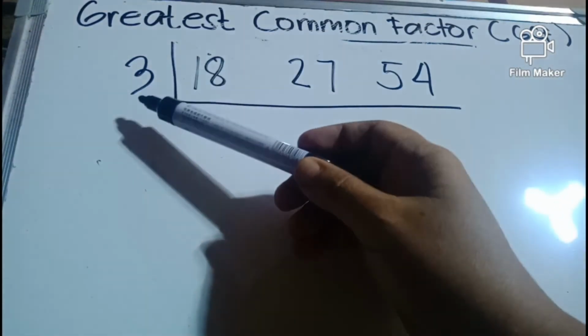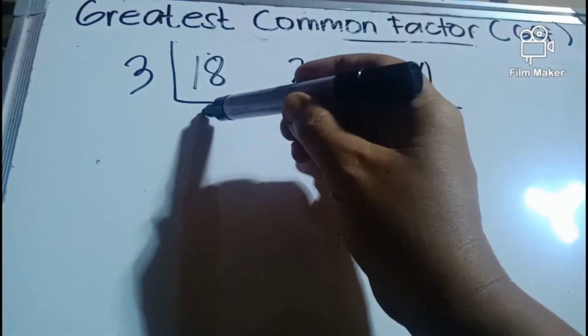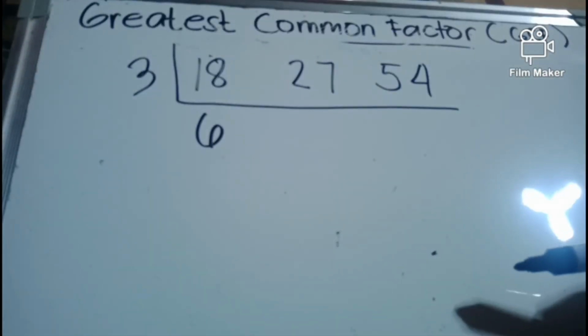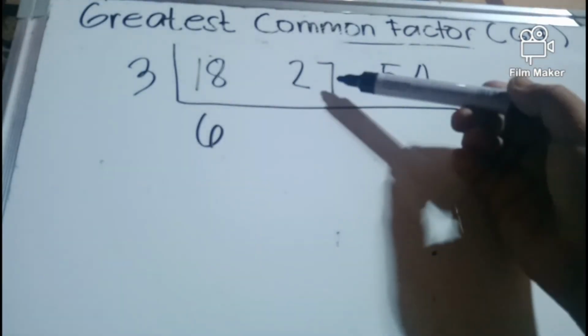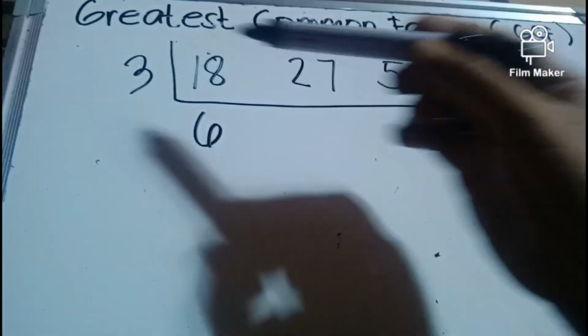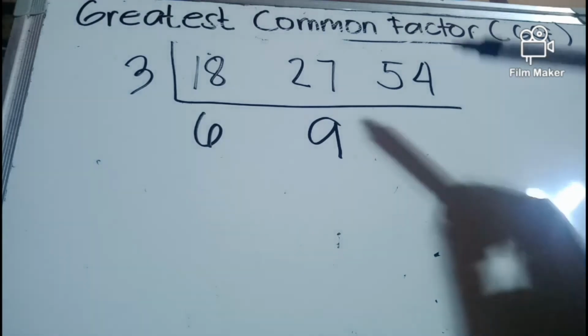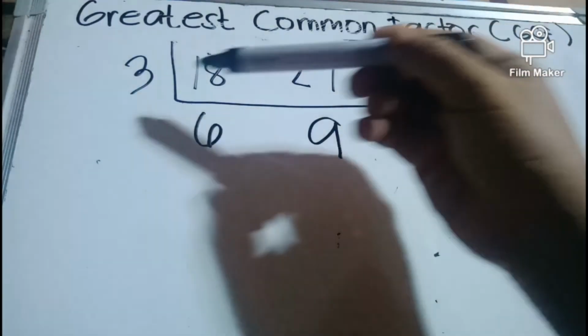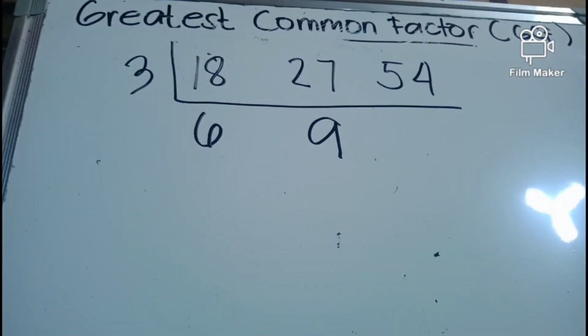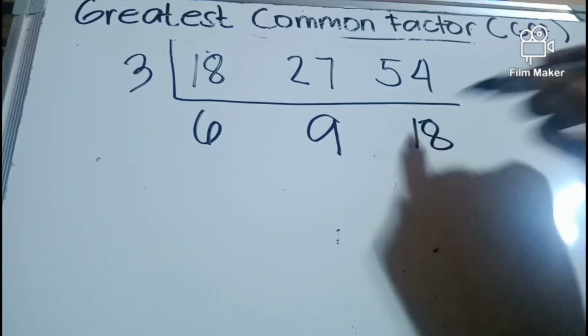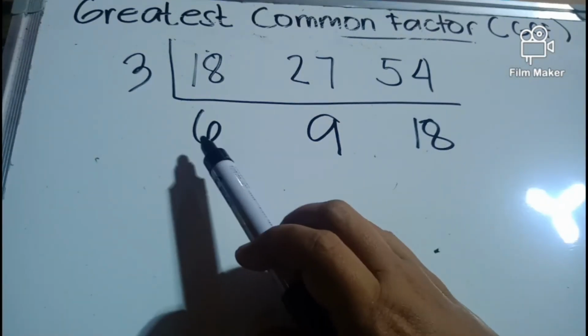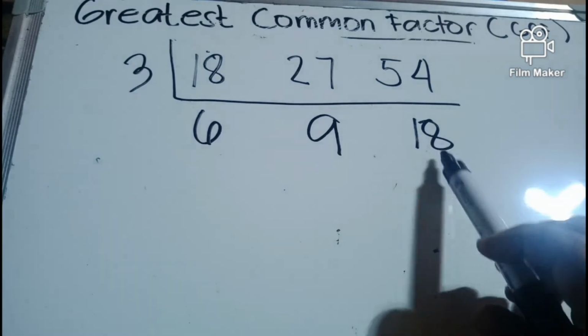18 divided by 3 is equals to 6. Next, 27 divided by 3 is equals to 9. Next, 54 divided by 3 is equals to 18. So, meron na tayo 6, 9, and 18.